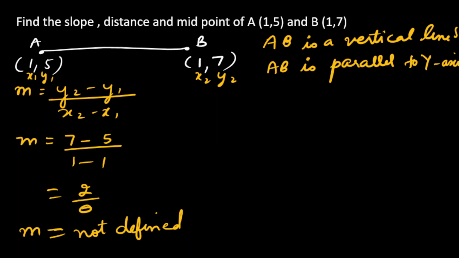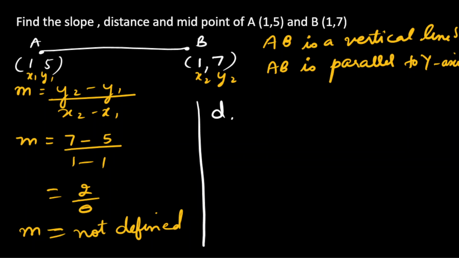This is very, very important for our next few topics when we learn about the slope of parallel and perpendicular lines. That's why I am explaining here. You can always make a note: if the x coordinate is the same, the line segment or the line is parallel to the y-axis or it's a vertical line.